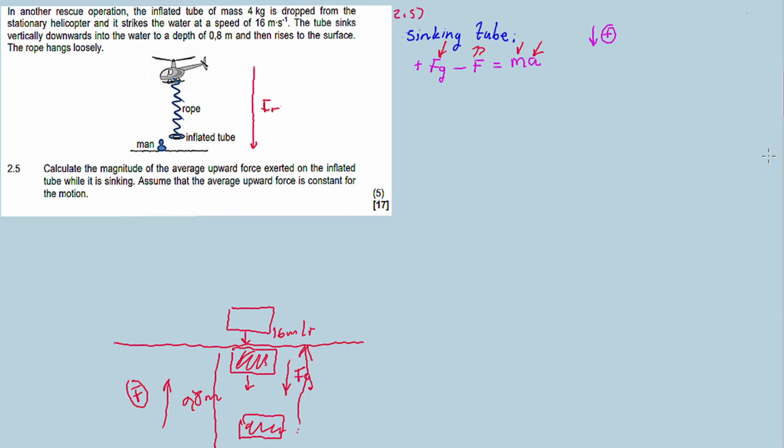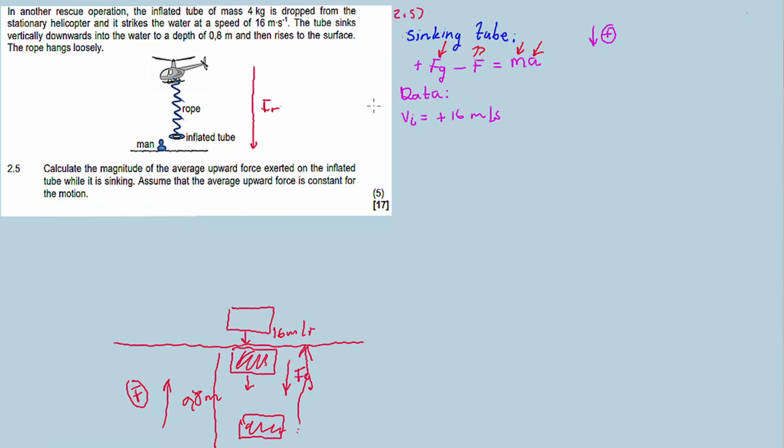Now if I take out the data they gave me here, I have an initial velocity of 16 meters per second, just when the tube strikes the water at a speed of 16. So that makes 16 initial velocity and final velocity about 0. Because when the tube arrives, v final is equal to 0.